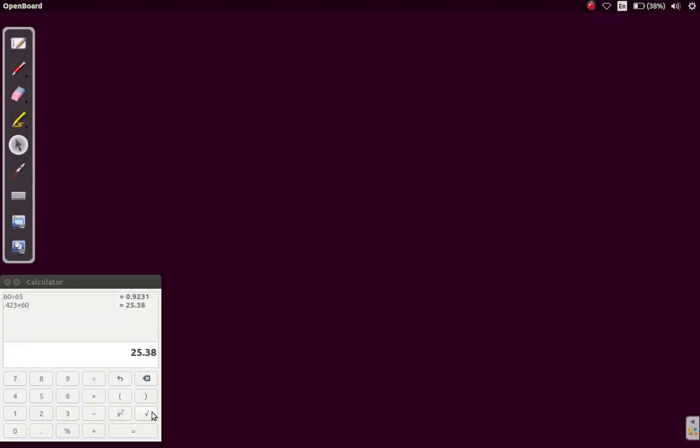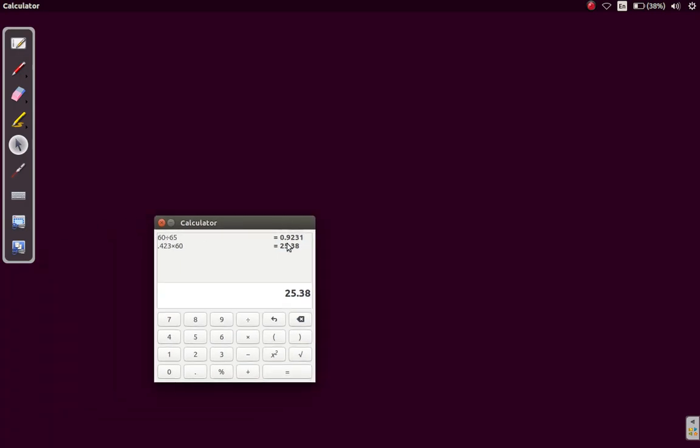Now, this says 25.38. Suppose we want it right down to the second. We already have the 25 minutes, but we don't want to say 25 point something minutes.